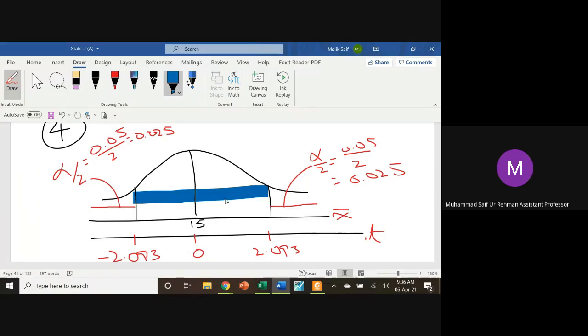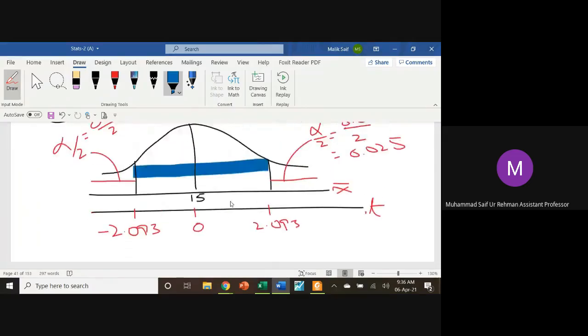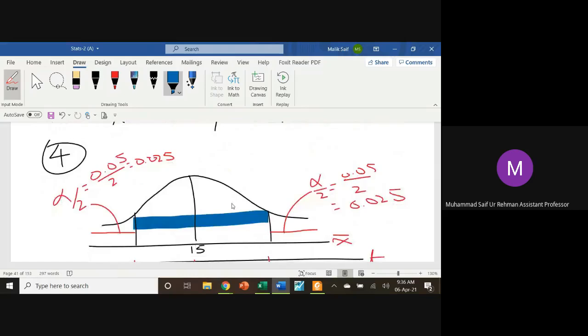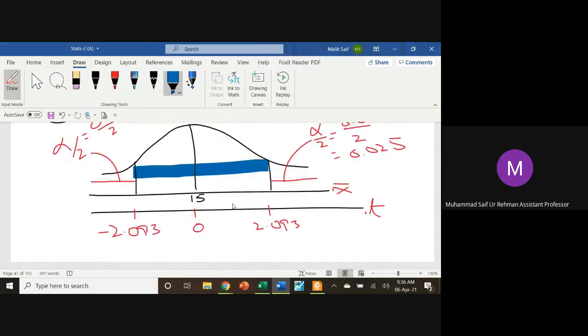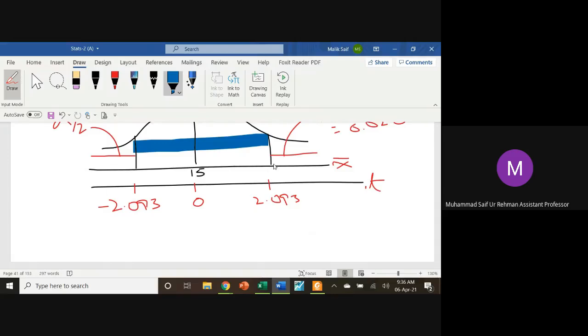Okay, so now you have to calculate the value that will be called t calculated. So definitely if t calculated exceeds this value, it will be in the rejection region, or if it is less than this negative value, then again it will be in the rejection region.